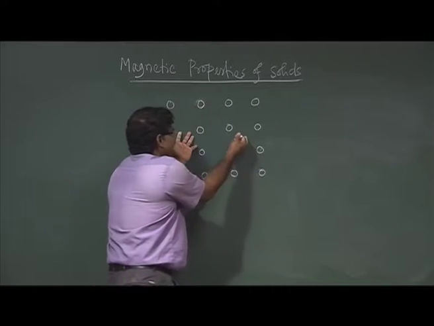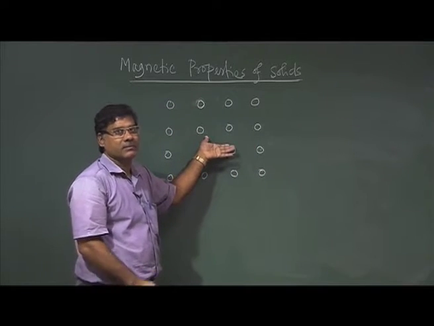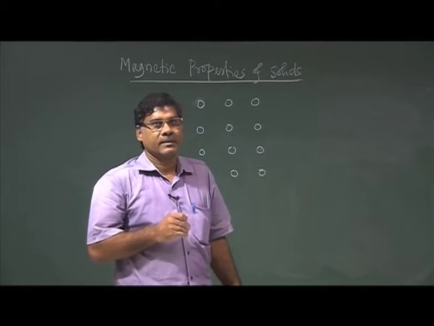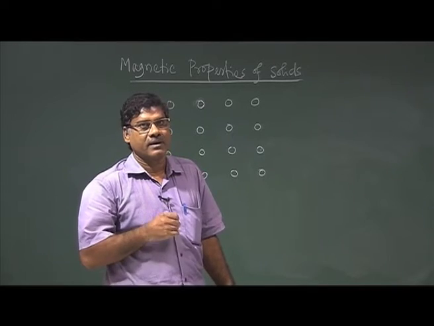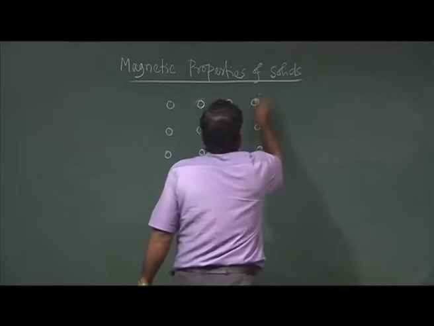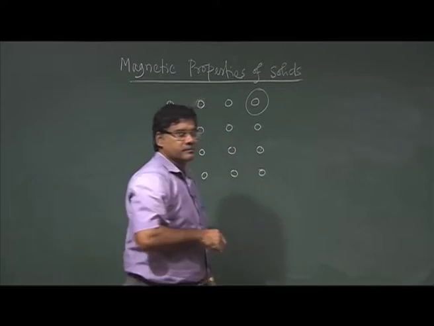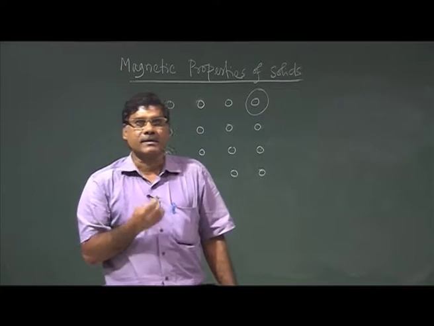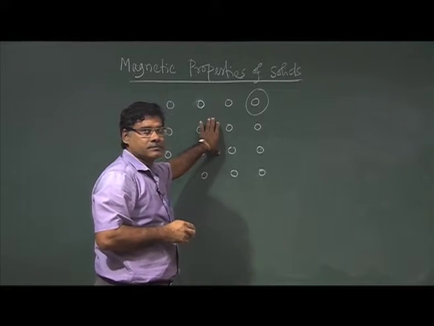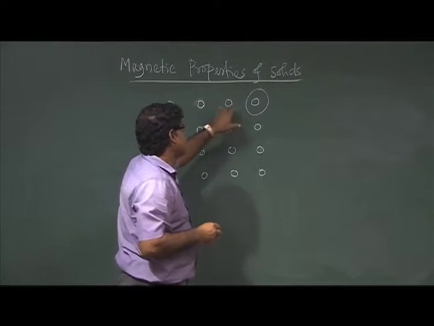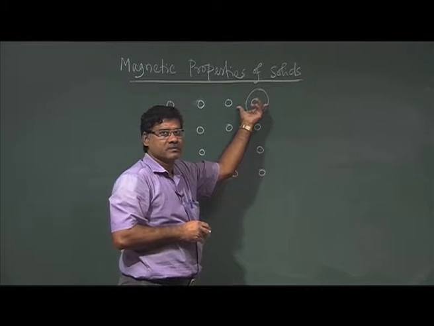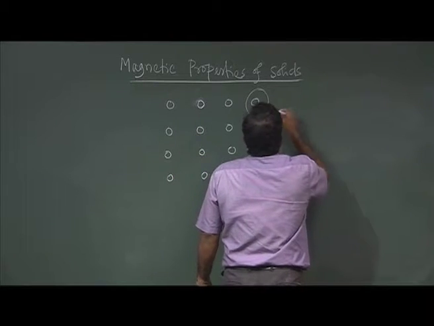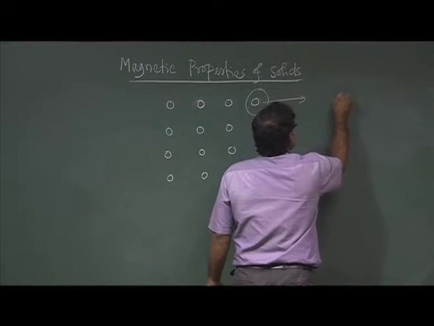So, if I apply a magnetic field, this atom responds to the magnetic field, how does it respond? So, let us take just one atom. Let us see how this permanent dipole moment comes in this material. Okay. So, definitely this comes from the atom. In an atom what is there?